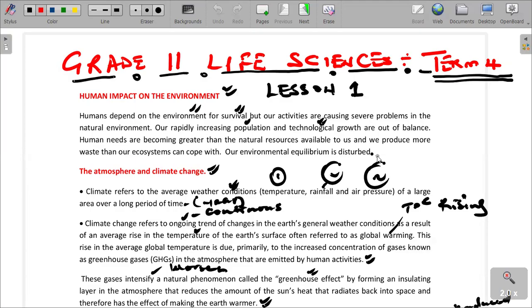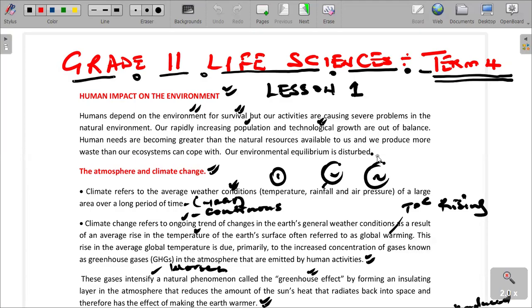Human needs are becoming greater, and the natural resources available to sustain people are limited, and we produce more waste than the ecosystem can manage and sustain. As a result of population pressure, waste is produced.